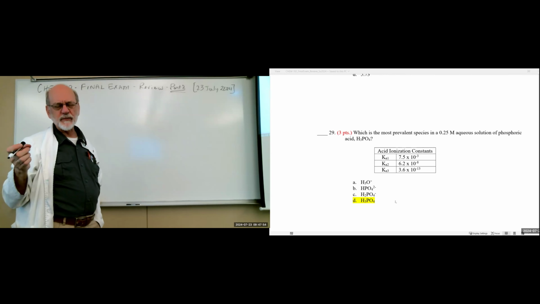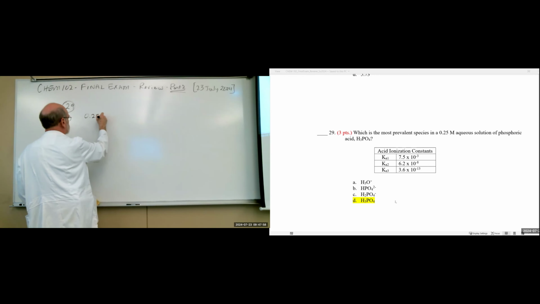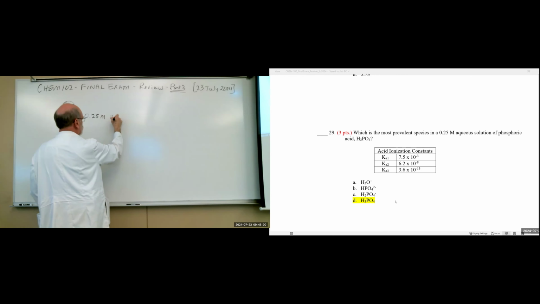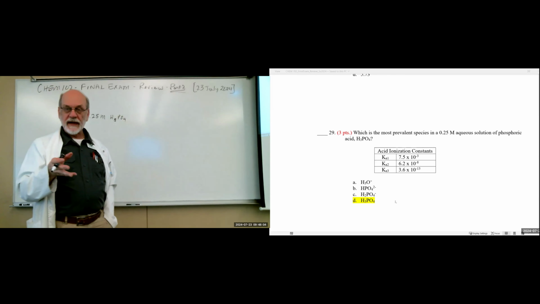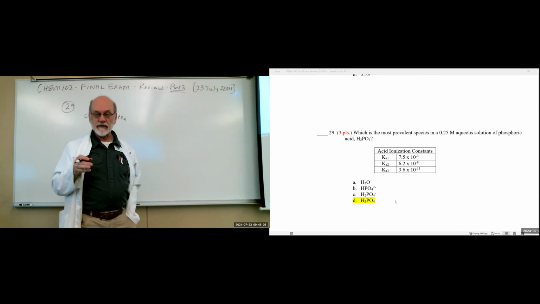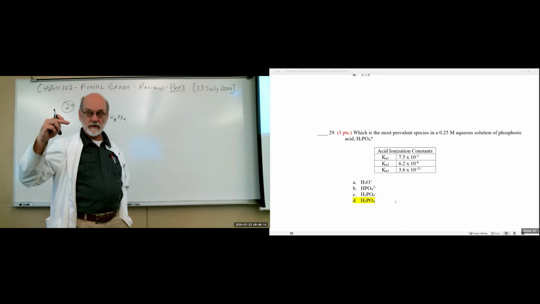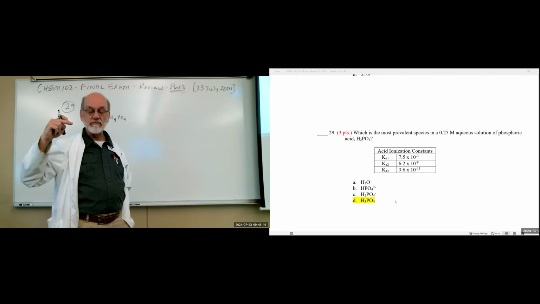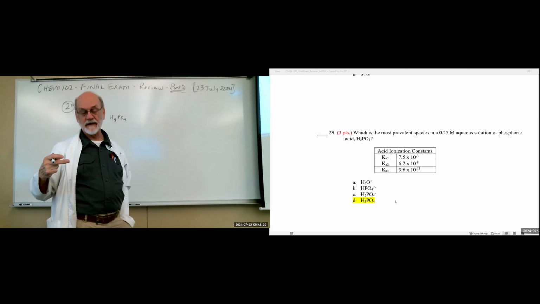Remember, a polyprotic acid dissociates one proton at a time. The equilibrium constant for the second dissociation is much smaller than the first, and the third one is even smaller than that.